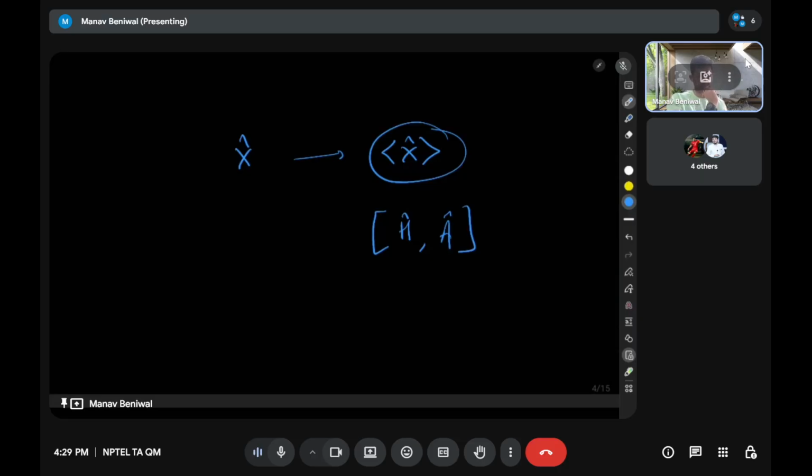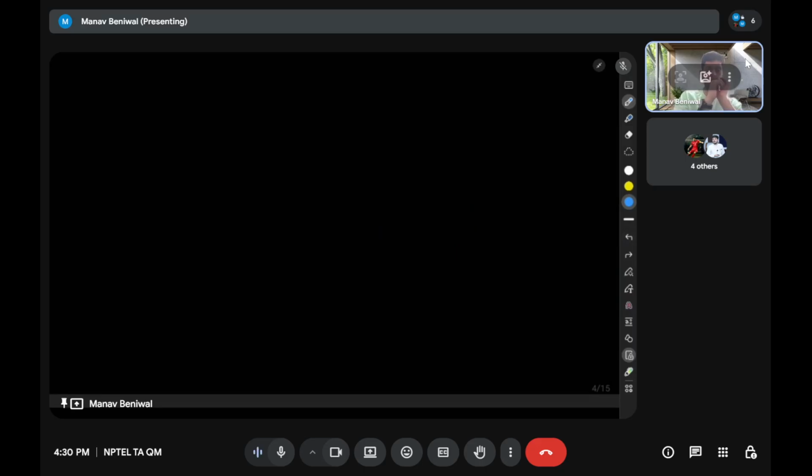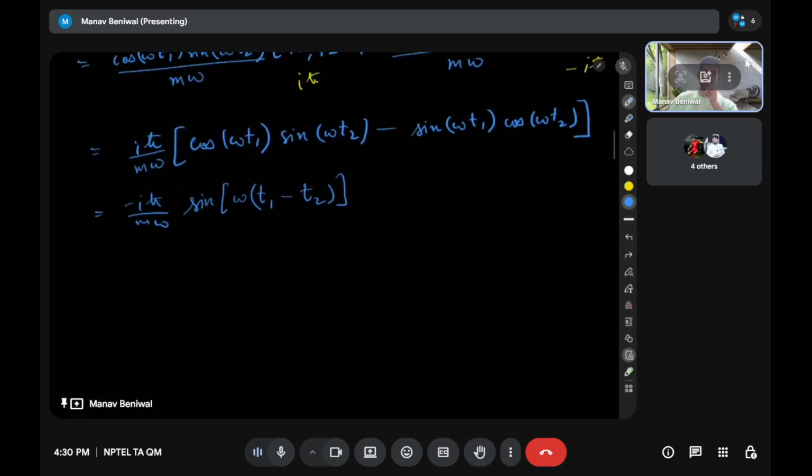If you perform the same thing in classical mechanics, you will get a zero commutation, meaning that in classical mechanics, if you know the position at time t1 and momentum at time t1, then you can in principle predict the position and momentum at some later time t2.